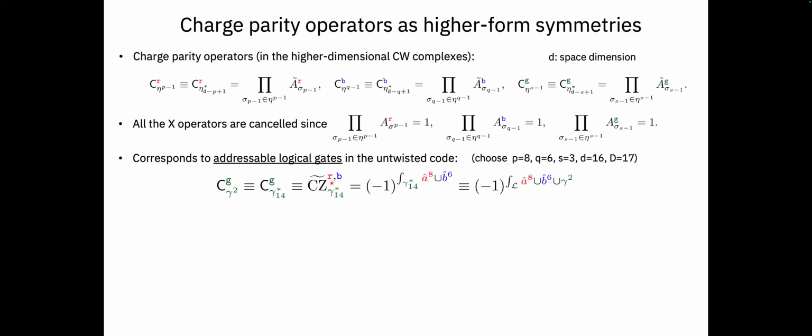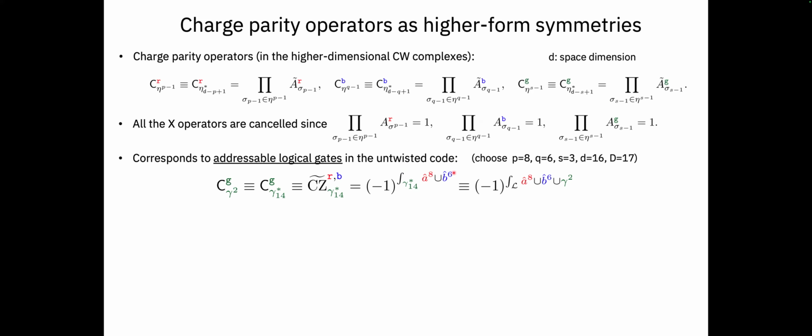It should be considered as a tensor product of a CZ term on each cell supported on this cycle. So it is a higher-form symmetry, and you can use that to do addressable logical gates in the untwisted code. You can also rewrite it into the more familiar form with the cup product between the 8 cocycle and the 6 cocycle.